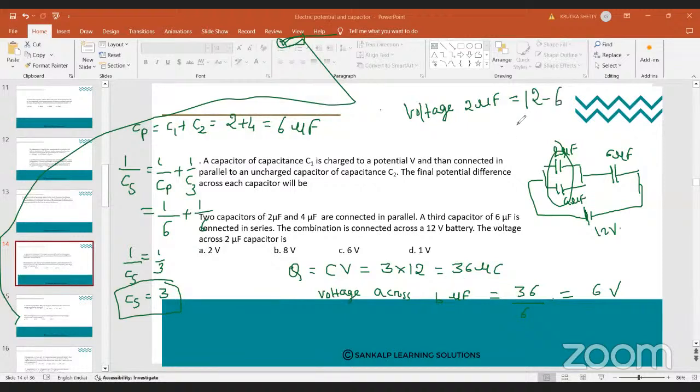Therefore 12 minus 6, again we are getting 6 volt. Since the digits are the same, you may get confused, but here first we calculated across 6 microfarad, because 2 and 4 will have the same voltage. So the answer obtained, when subtracted from the total potential, gives us the voltage across 2 and 4.